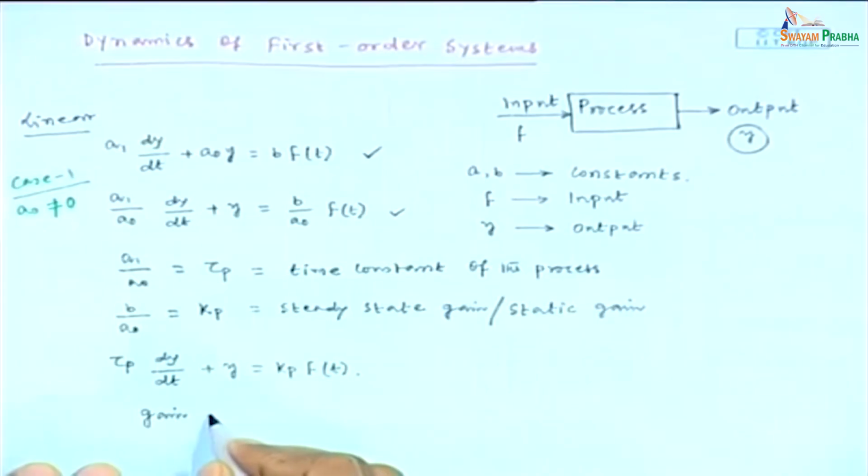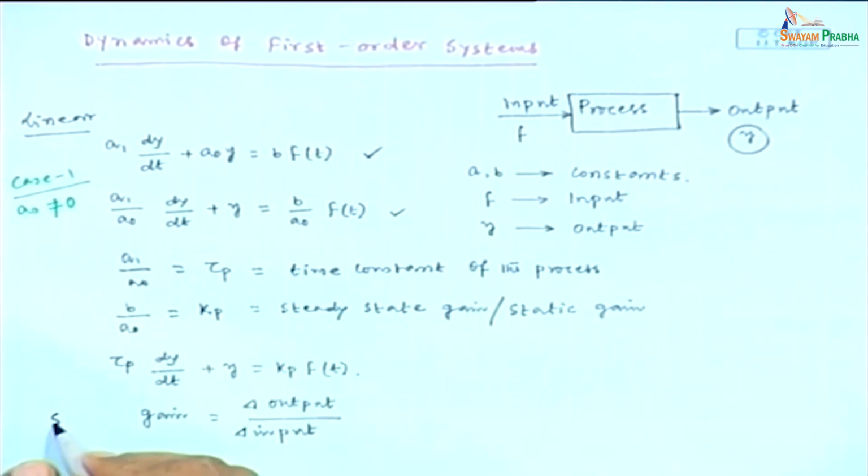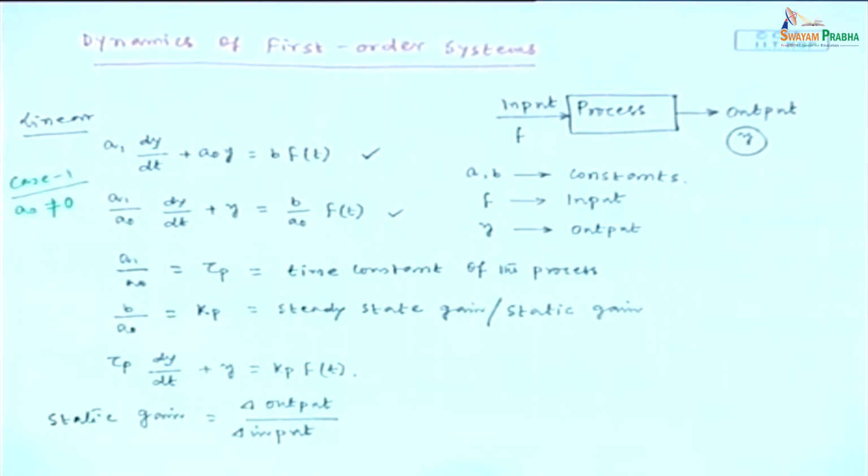I mean gain equal to change in output divided by change in input. Since we have considered this as static gain, this delta output divided by delta input should be considered at steady state only.